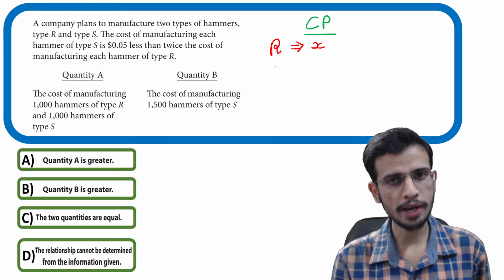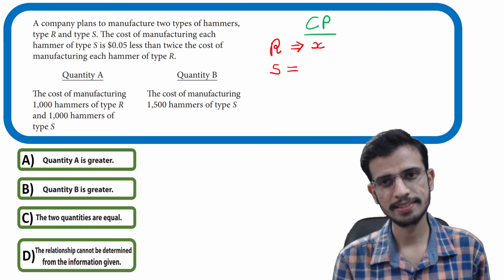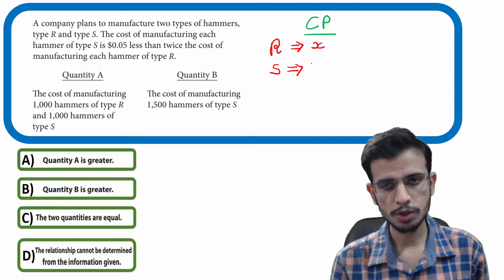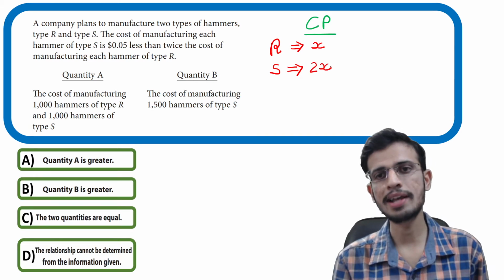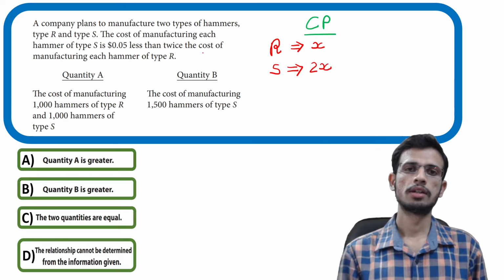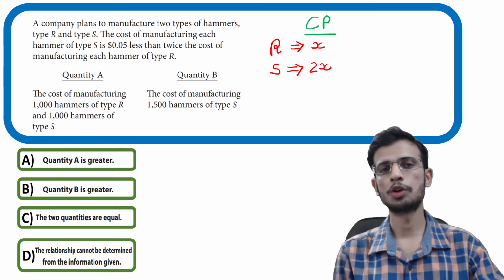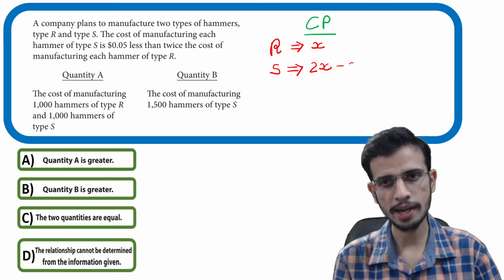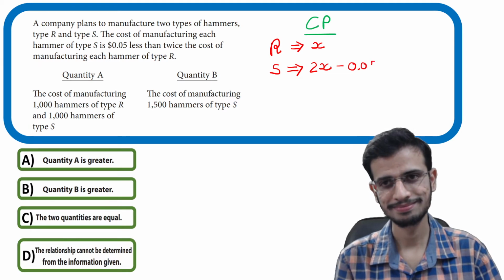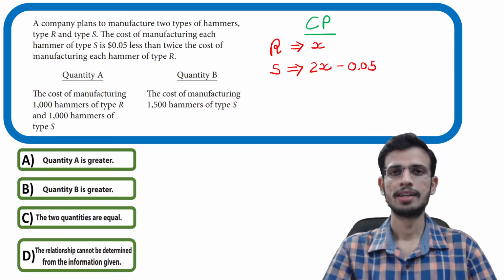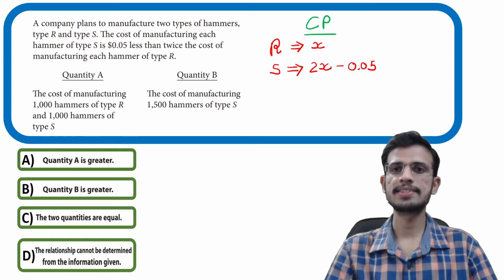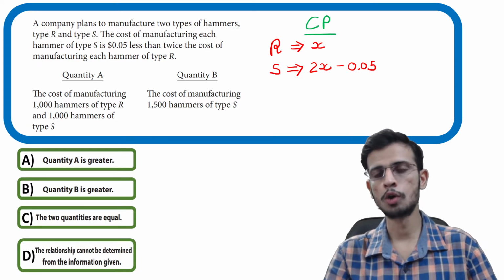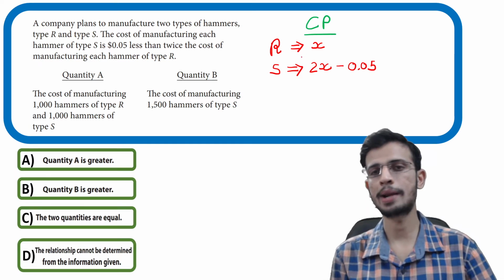So what will be cost price of hammer S? $0.05 less than twice of cost price of R. So it will be 2x minus 0.05. Cost price of S is $0.05 less than twice of cost price of R.